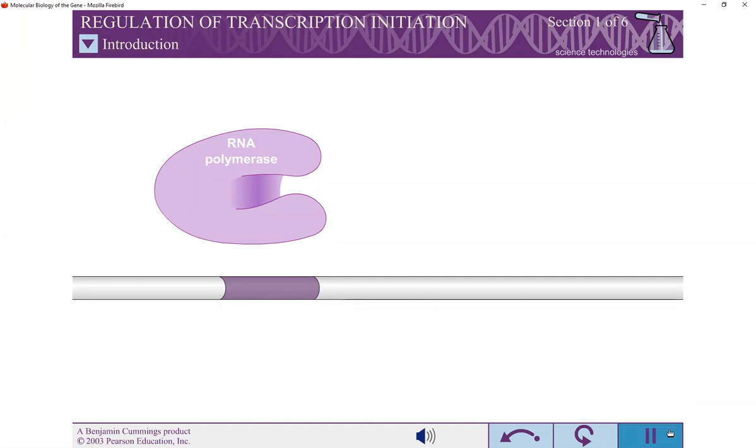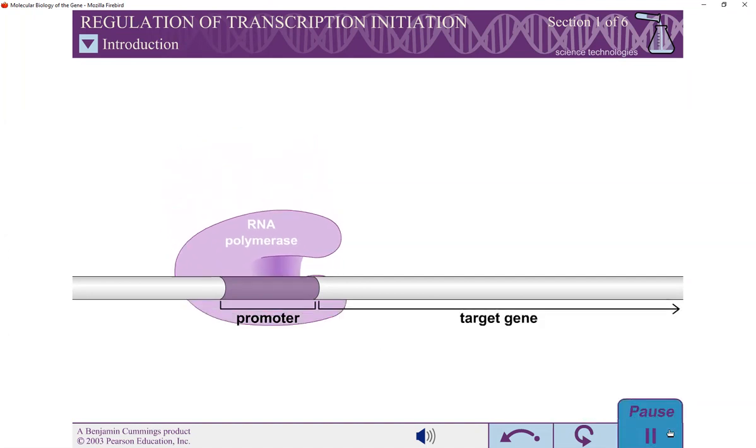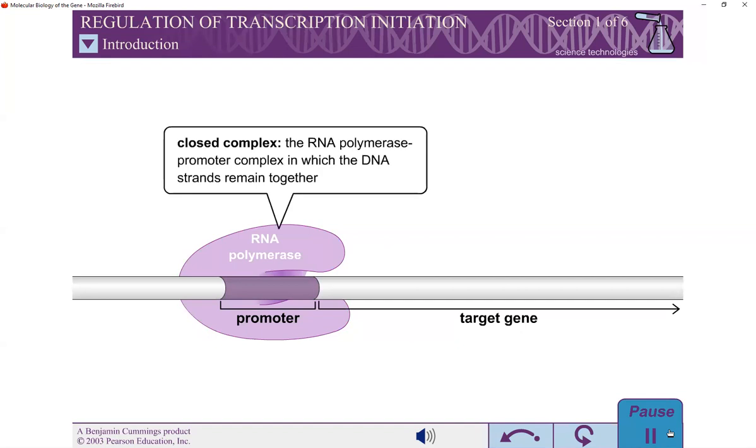How? The initial RNA polymerase promoter complex is called a closed complex because the DNA strands remain together. If you have any problem, just go to the previous lecture. In that lecture, I have described the entire process of transcription. In this lecture, we are going to focus upon regulation of transcription initiation. That's all.